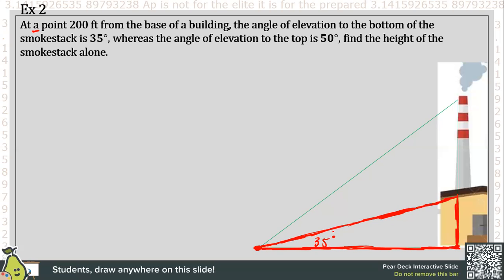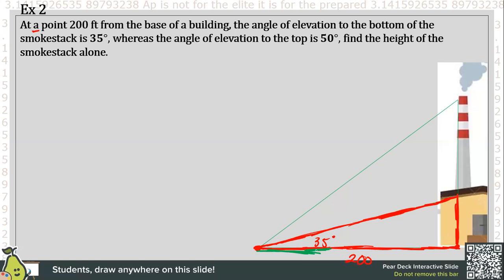And the distance from the point to the base of the building is 200 feet, okay? The next thing that I want you to know is that if you want the angle to the entire building, so the building itself and the chimney, the smokestack, it's going to be a different angle, okay?